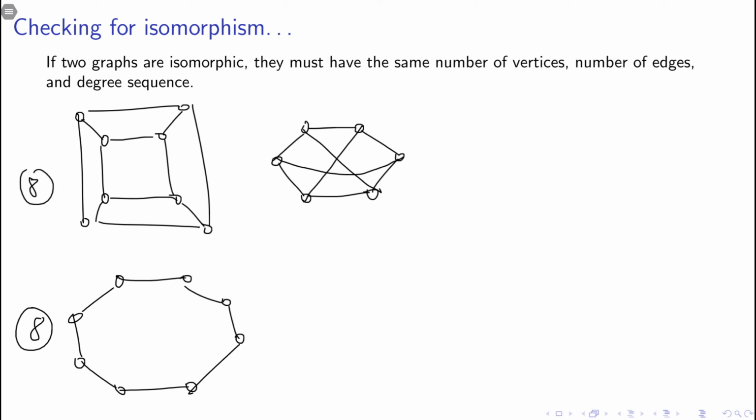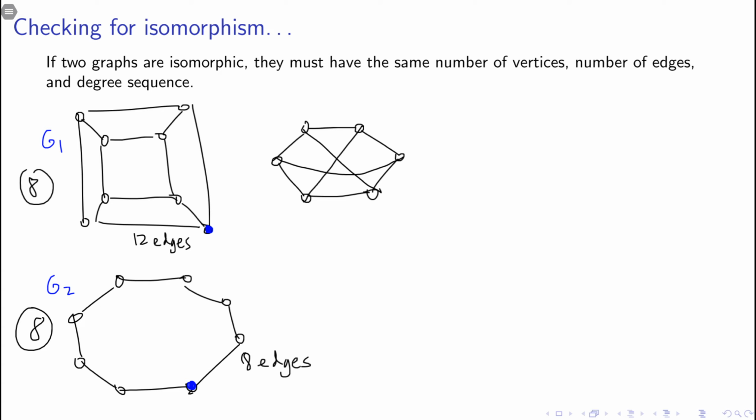Here you have 8 edges down here. And up here you have, well, that's 12. So there's no way you can define any function from the vertices of G1 to the vertices of G2 so that edge adjacencies are preserved. Right? Or vertex adjacencies are preserved.